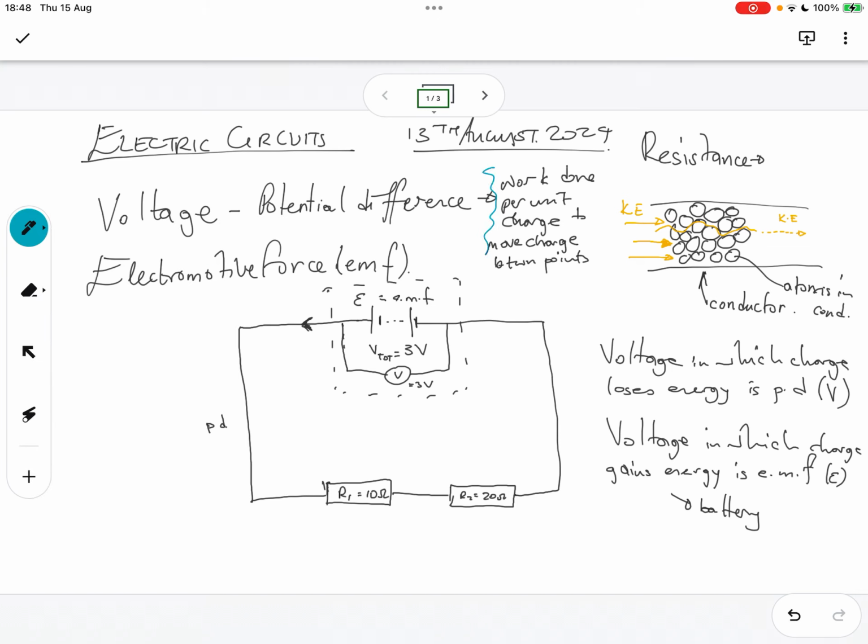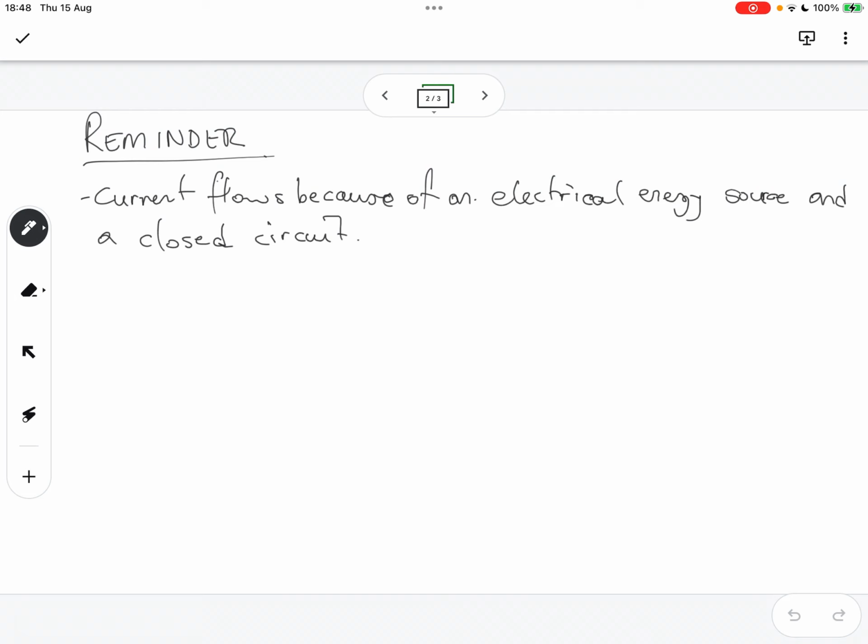So I'll just circle that there. That's the potential difference. And it's measured in volts, which is connected in parallel in a circuit. All right. Then current flows because of the presence of an electrical energy source and a closed circuit, and also the direction of conventional current.